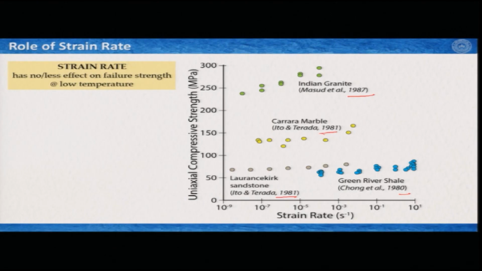For example, we can consider another marble which is very famous for experiments, Carrara marble. Here the strain rate increased from the order of 10 to the power minus 7 to almost 10 to the power minus 2, and the flow strength was more or less constant. So strength at low temperature is not a function of strain rate.